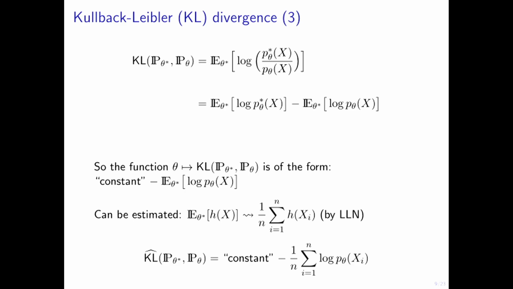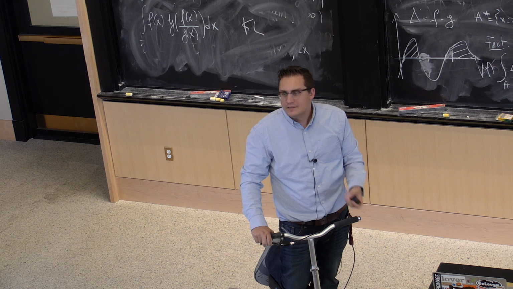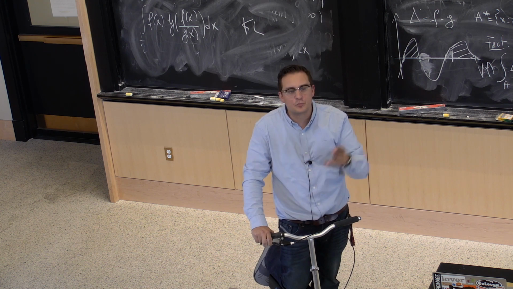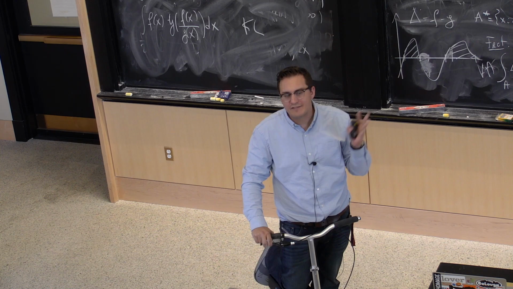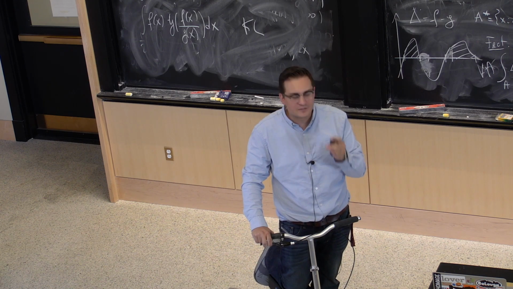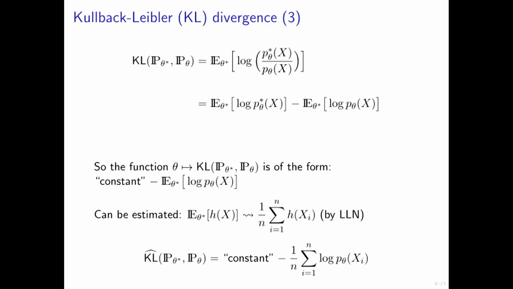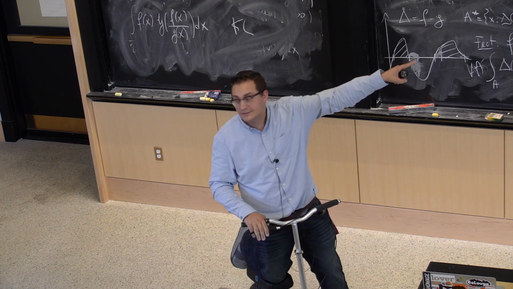And that's now where the log plays a role. If you actually pay attention, I said you can use Jensen to prove all this stuff. You could actually replace the log by any concave function. And that would be an f divergence. But the log itself has a very, very specific property which allows us to say that the log of the ratio is the ratio of the logs. Now, this thing here does not depend on theta. If I think of this KL divergence as a function of theta, then the first part is actually a constant.